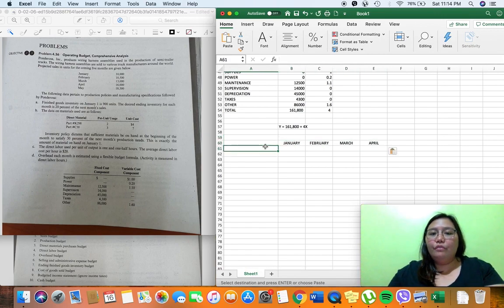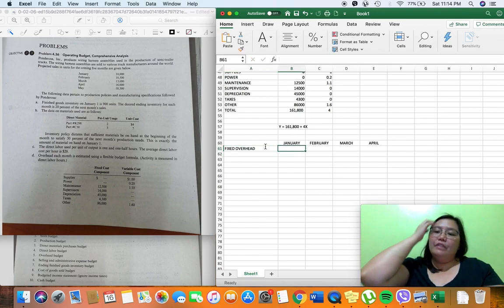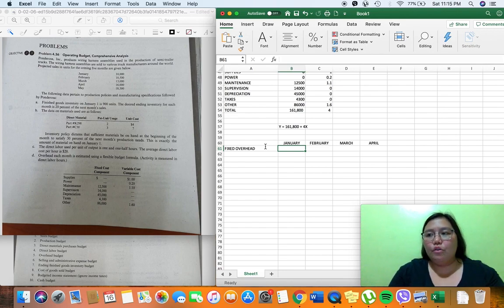Okay, so of course we have the fixed component, the fixed overhead. We all know this from cost accounting. The behavior of the fixed cost is that it is constant in total, and of course it varies per unit. The total fixed cost is constant within the relevant range, and the variable cost varies in total directly with the changes in the level of activity.